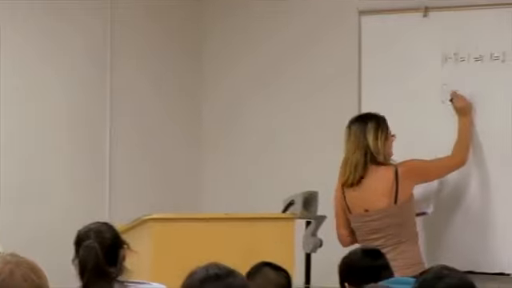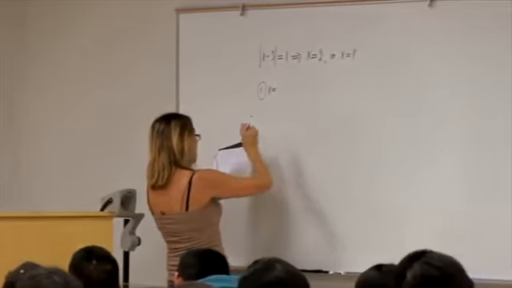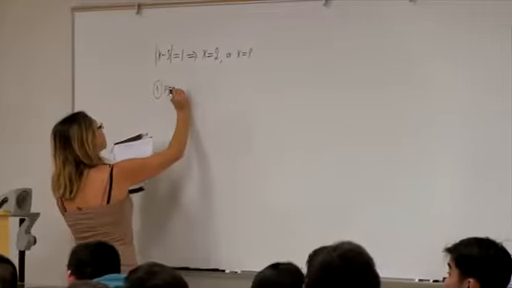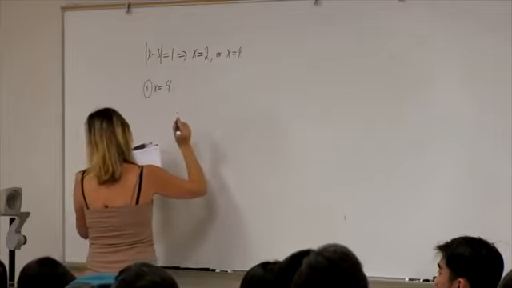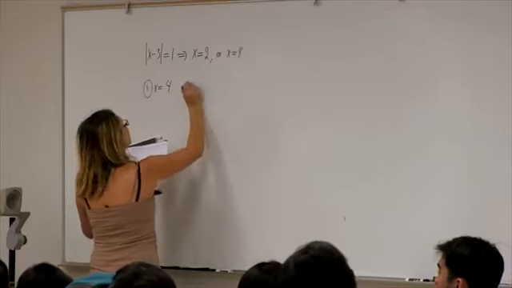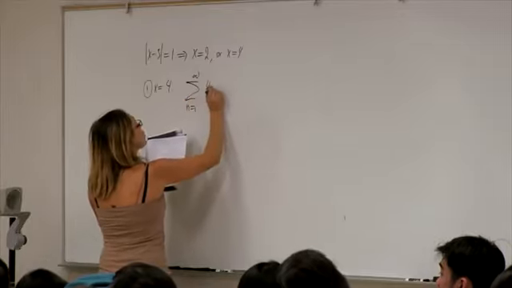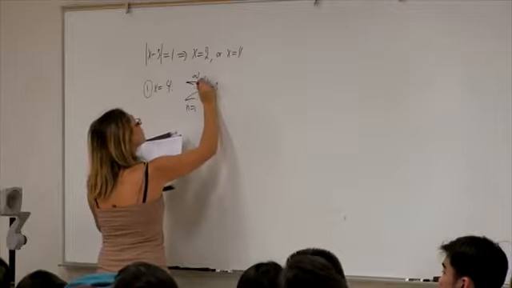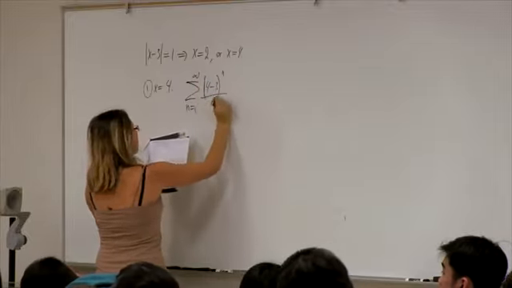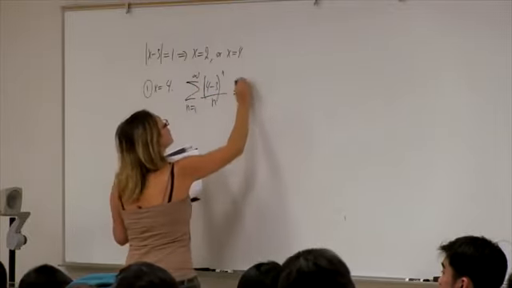So let's first check x equals 4. So we have the series of (4 minus 3) to the n over n.